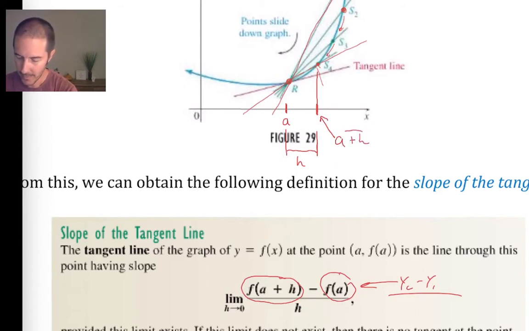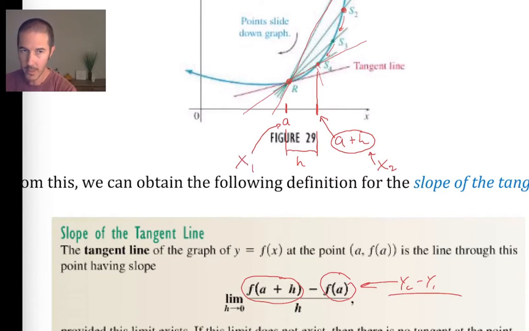So again, this is the x-coordinate of our secondary point. In this example, we're calling it S4. So this is an x value, we're going to call this x2, and a is going to be x1.